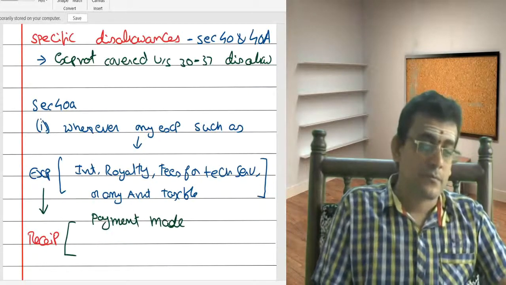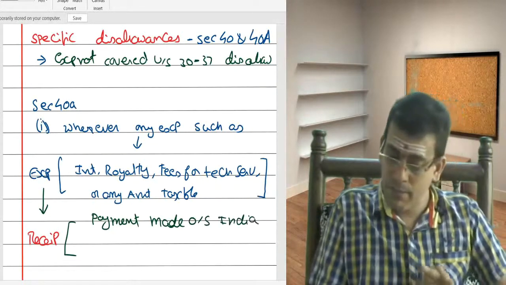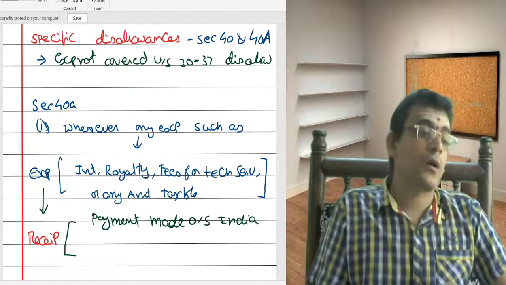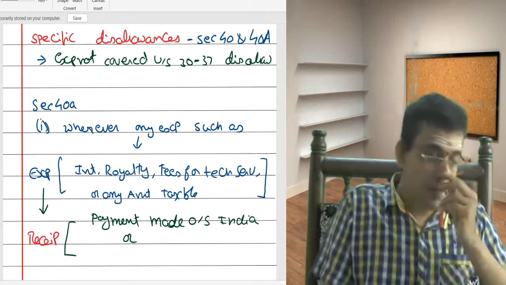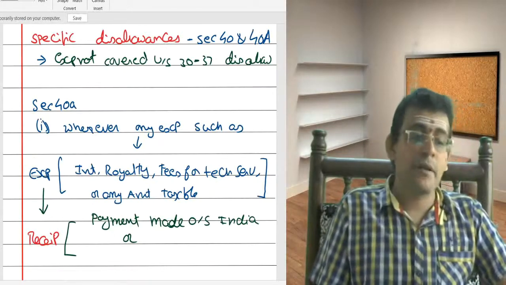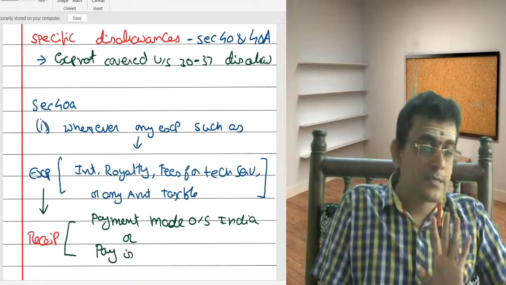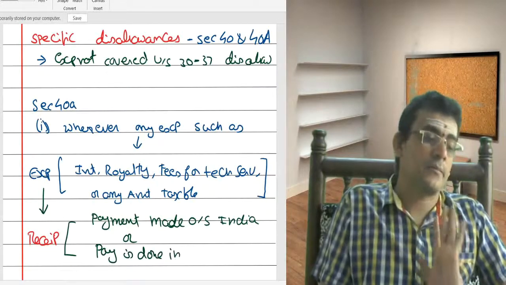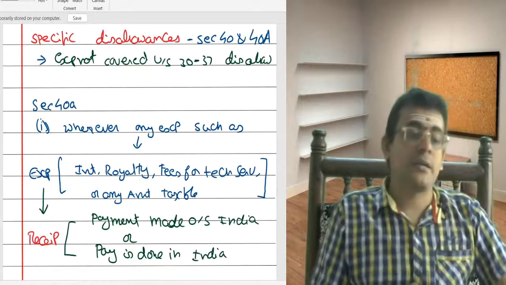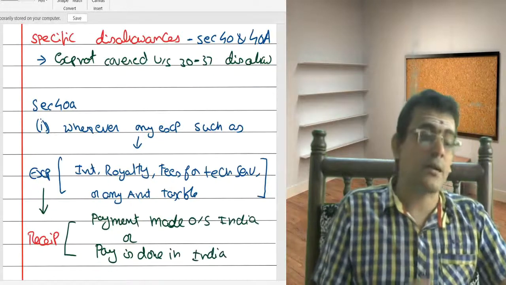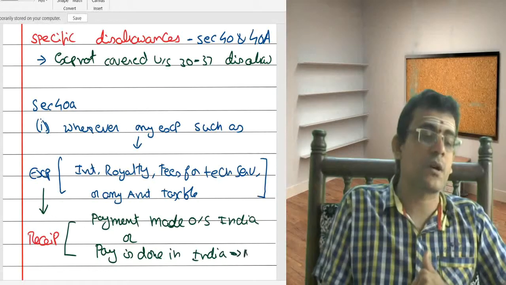Or the payment is done in India, to a person called a non-resident.